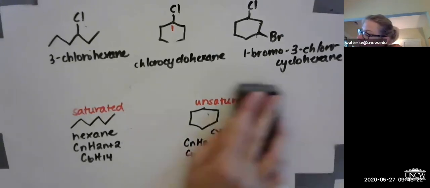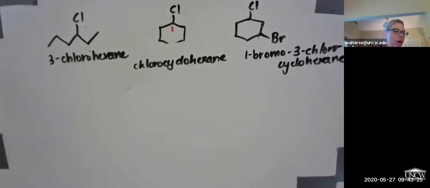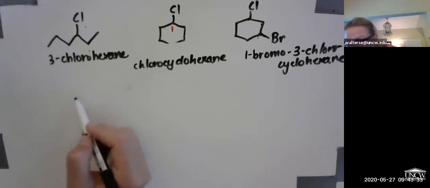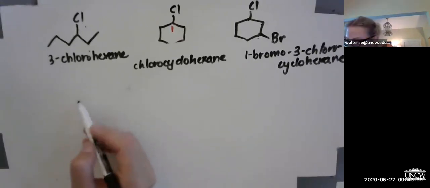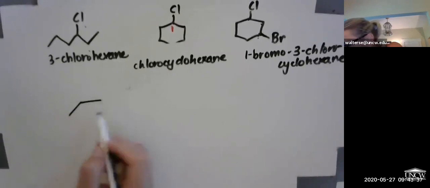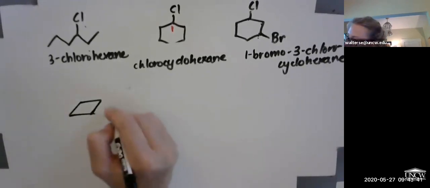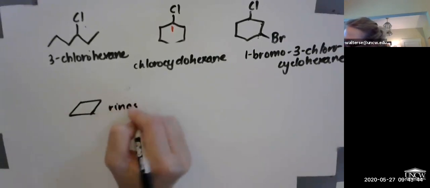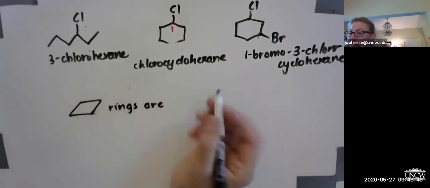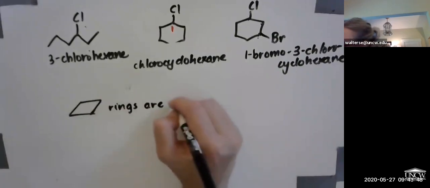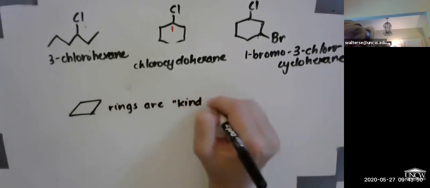All right, the last part about rings before we move on into some of the branch substituents you need to know the names of. I'm just going to draw a simple ring, a 4-membered ring. What I want you to consider is that rings are kind of flat.